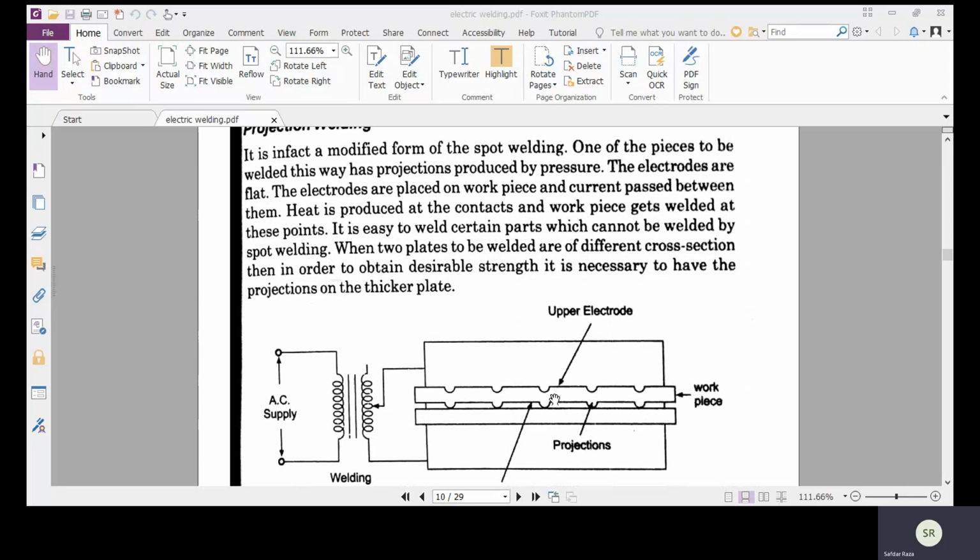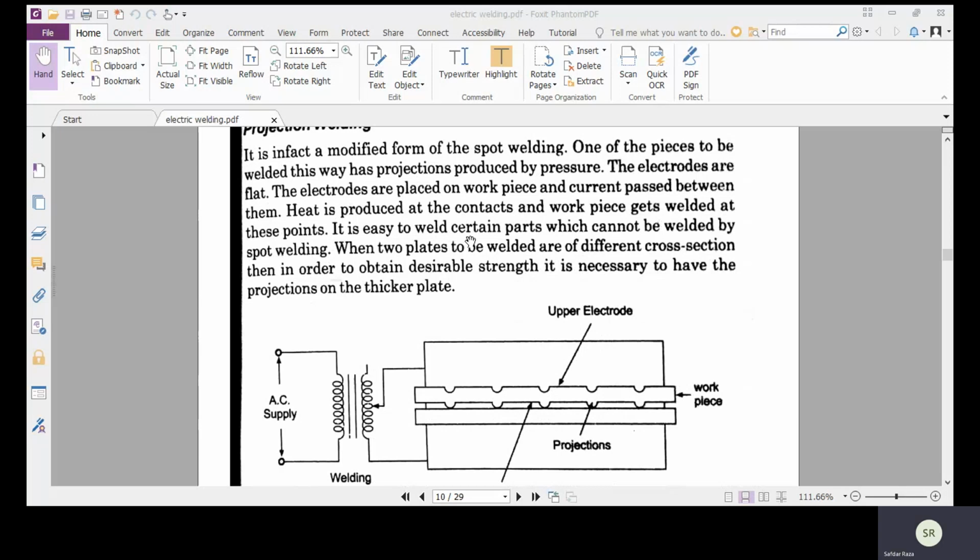Whenever a huge amount of current passes through the two metal pieces and we apply pressure on the upper plate, this projection will automatically move inward onto the other workpiece. And at these projections, the weld spot will be made. Heat is produced at the contact and the workpiece gets welded at this point.